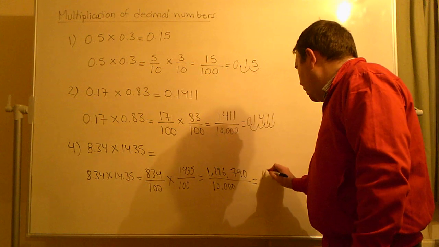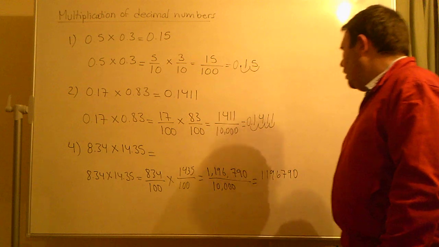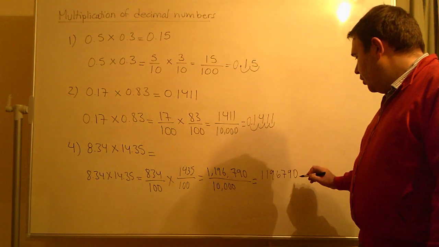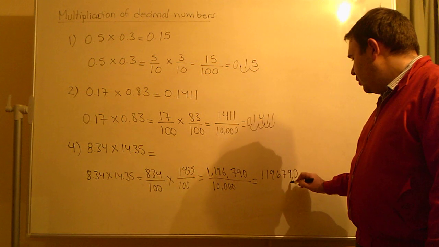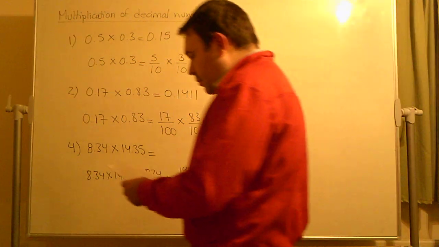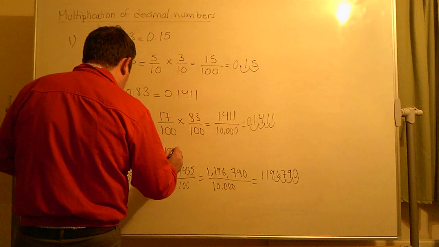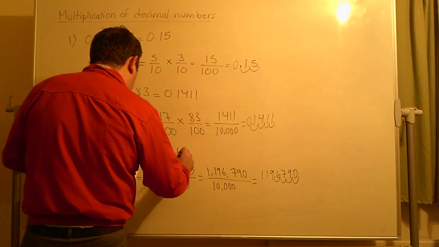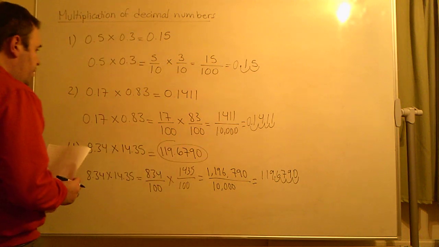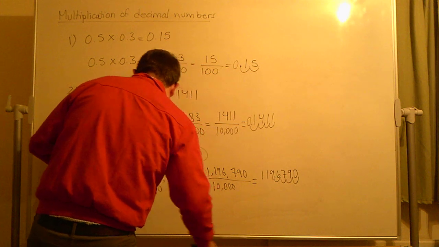It will be 1196790, and then we count the number of zeros, which in this case would be 4, so we need to move the decimal point 4 places. 1, 2, 3, 4. So the final result would be 119.6790. This would be the final result.